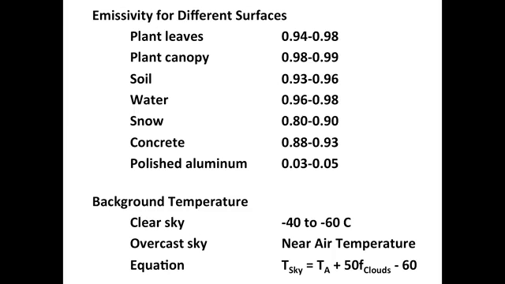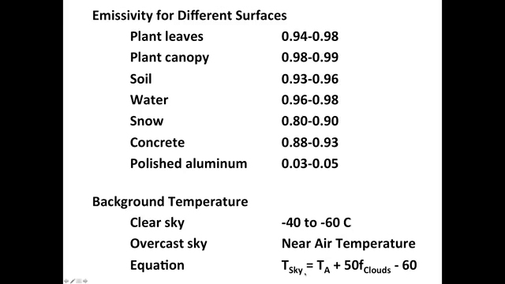I've also listed a simple equation that you can use to calculate sky temperature. It's approximated from the air temperature, where we take air temperature plus 50 times the fraction of clouds minus 60. So on a clear day, our fraction of clouds would be 0, and this equation would simplify to air temperature minus 60 is equal to the sky temperature.